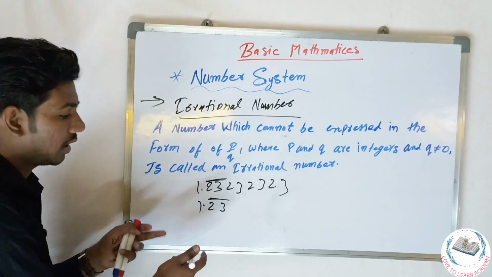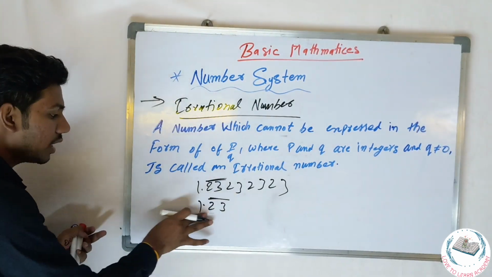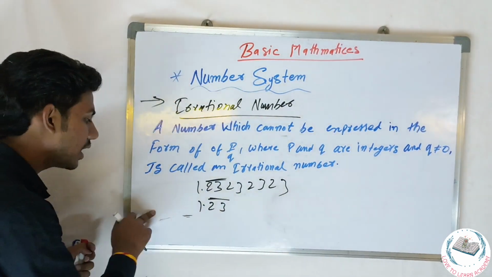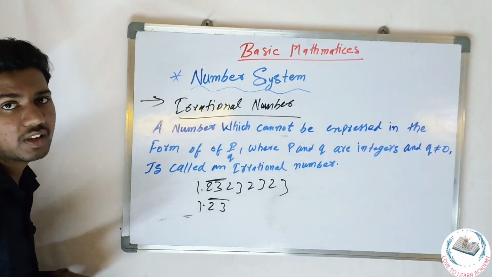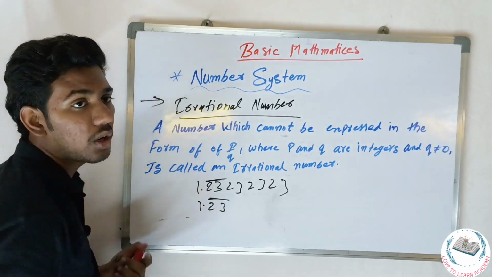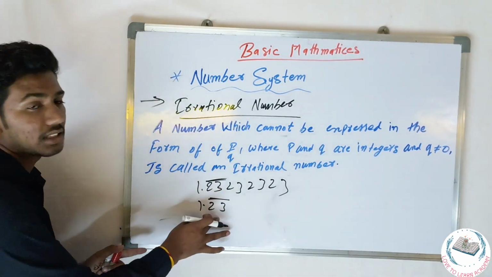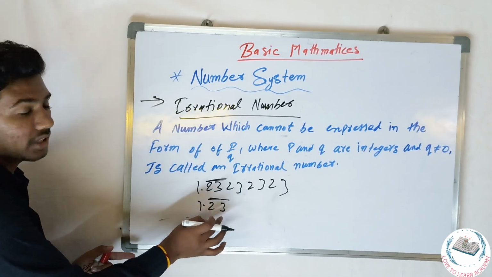Okay, it's non-terminating, so this number is continuously going on. Can you express it in p by q form? We can't. Why? Because this number is not ending anywhere, it's going on. So this is known as an irrational number, an example of an irrational number.